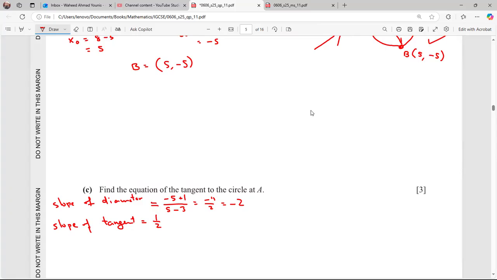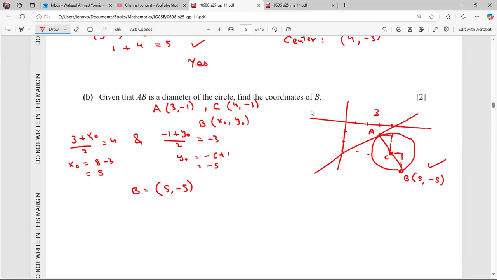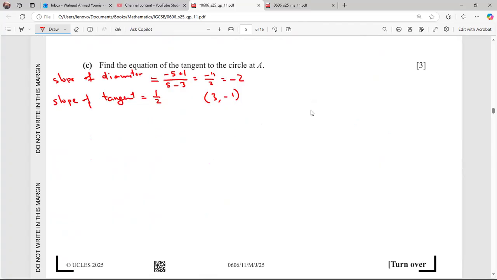So the slope of my tangent line is this, and it is passing through A, which is 3, minus 1. Let me confirm, it is 3, minus 1, yes. Now I can find the equation of the straight line. I will use this formula: y minus y1 equals m times (x minus x1). So y minus y1 is minus 1, m is 1/2, x minus x1 is 3.